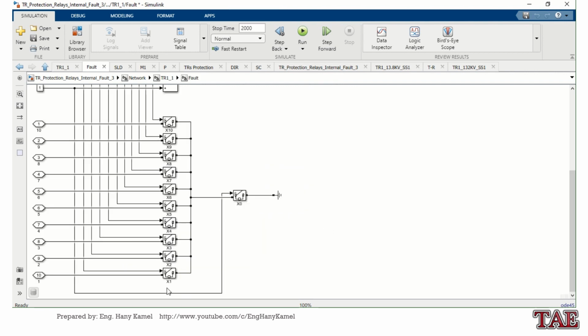For example, if I close switch X1 and switch X0, this provides a ground fault in the first 10% of the winding. If I close X2 and X0, this makes a fault in 20% of the winding. If I close X1 and X2, this provides a 10% turn to turn fault.